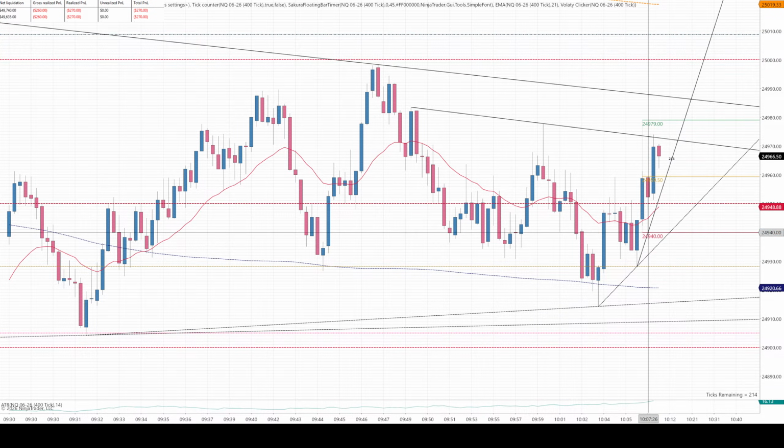Drawing the more aggressive micro trend line. Okay, we hit the bullish target.